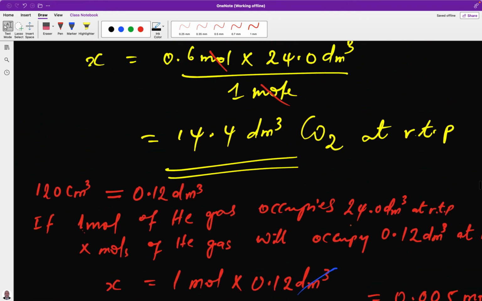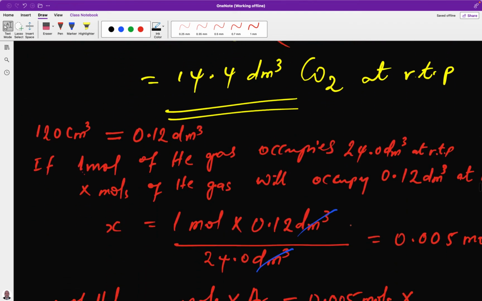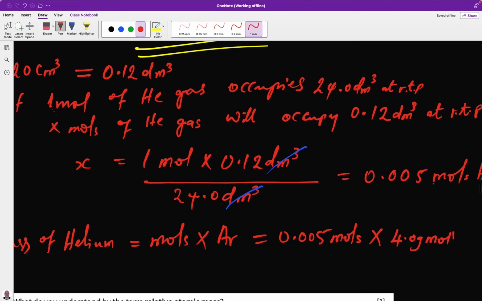We were given it to be 4 grams. It is usually 4.0 grams per mole.